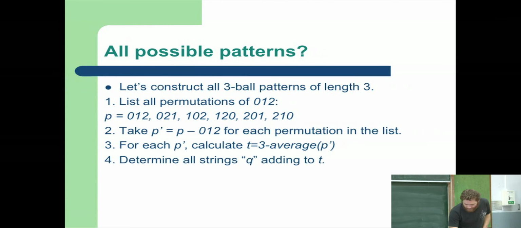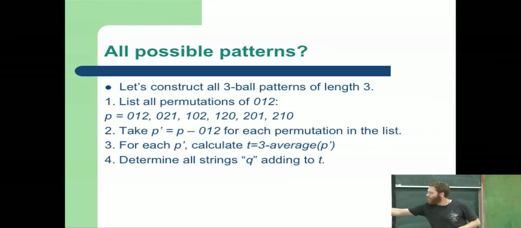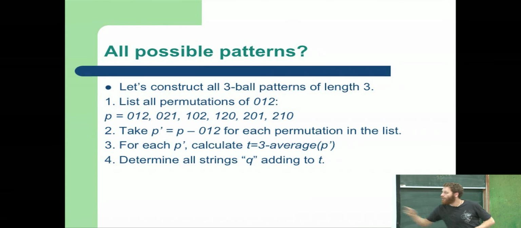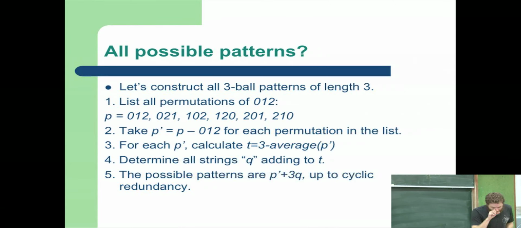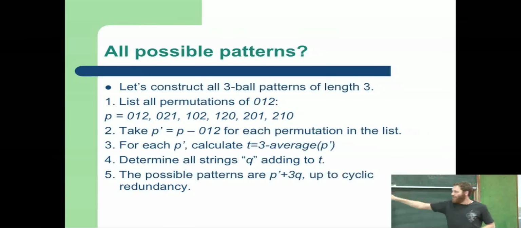So we calculate this number, and then we determine all the strings Q that sum to this number T, whatever this number T is. And then all the possible patterns are simply this P prime, from step 2, plus 3 times this Q. That's maybe a little bit complicated, and I don't want to go into the proof of why this works.